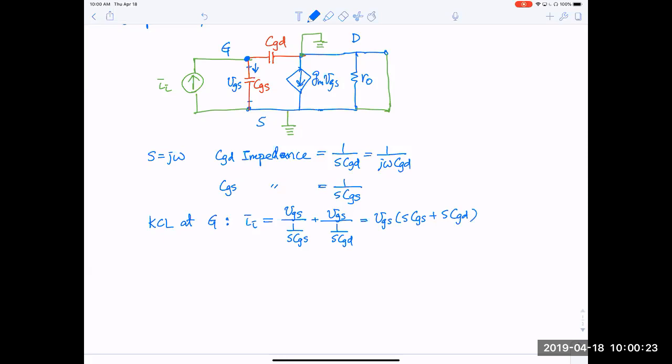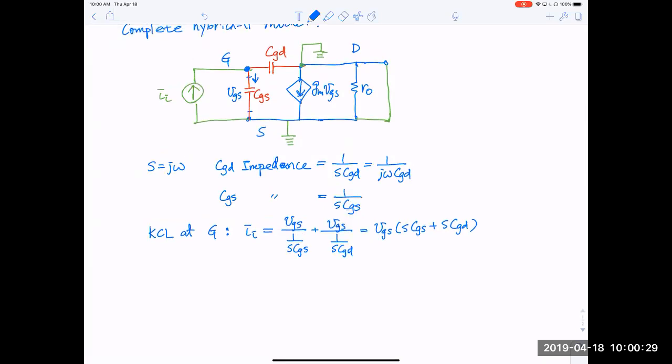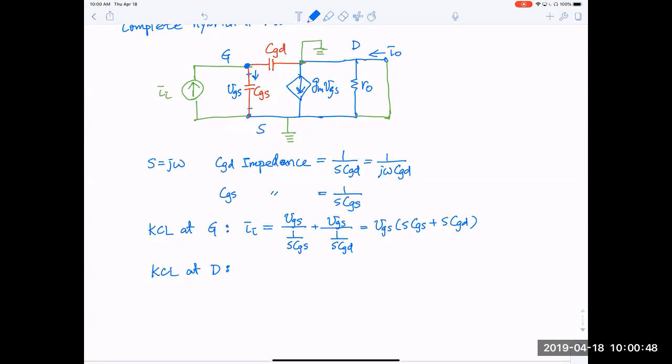So that's the KCL at the gate. And then what we are trying to find out is the current flowing here. So Io is the current flowing through the short circuit load, okay? So let's do KCL at drain, right? And you'll find Io, the output current.